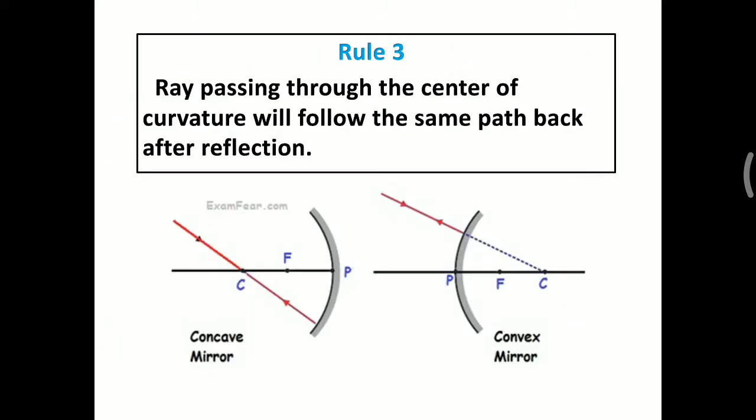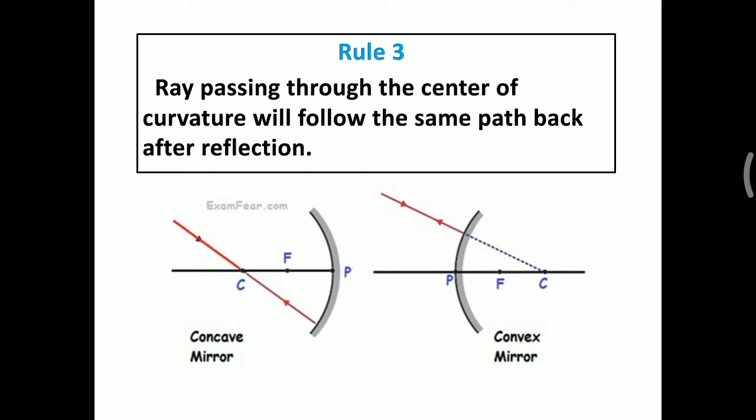Rule number 3: a ray passing through the center of curvature will follow the same path back after reflection. In both a concave mirror and a convex mirror, if any ray is passing through the center of curvature, it comes back along the same path after reflection.